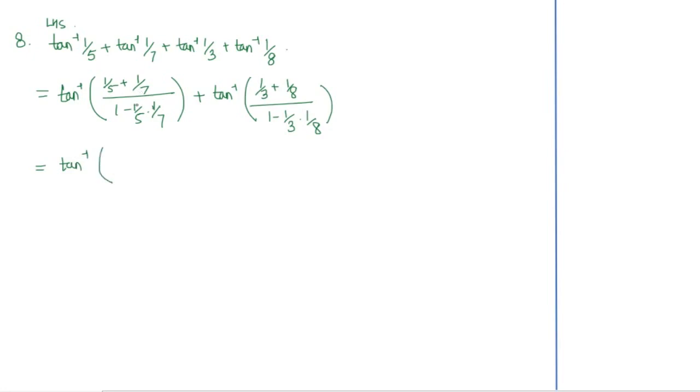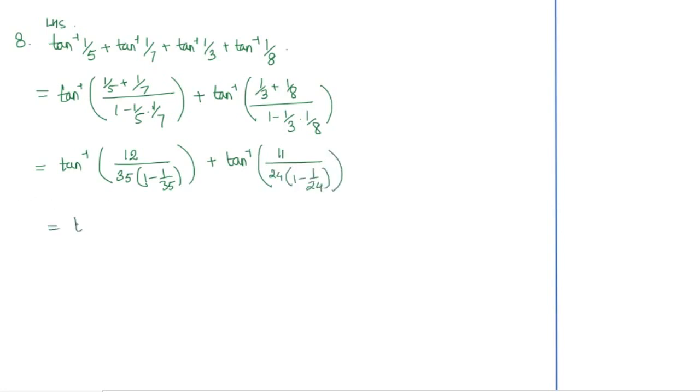So this is going to be 7 plus 5, that is equal to 12 by 35 into 1 minus 1 by 35, and here lies tan inverse of 11 by 24 into 1 minus 1 by 24.